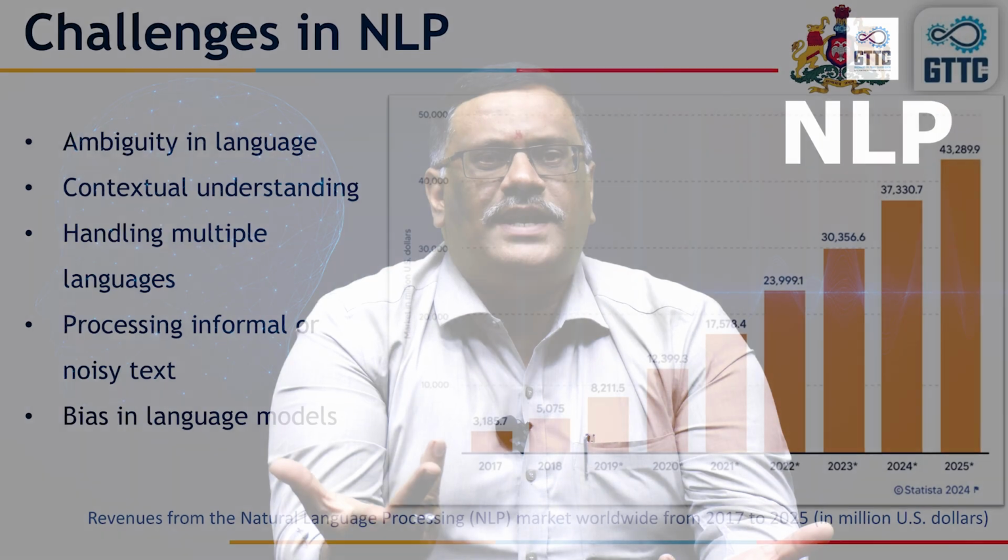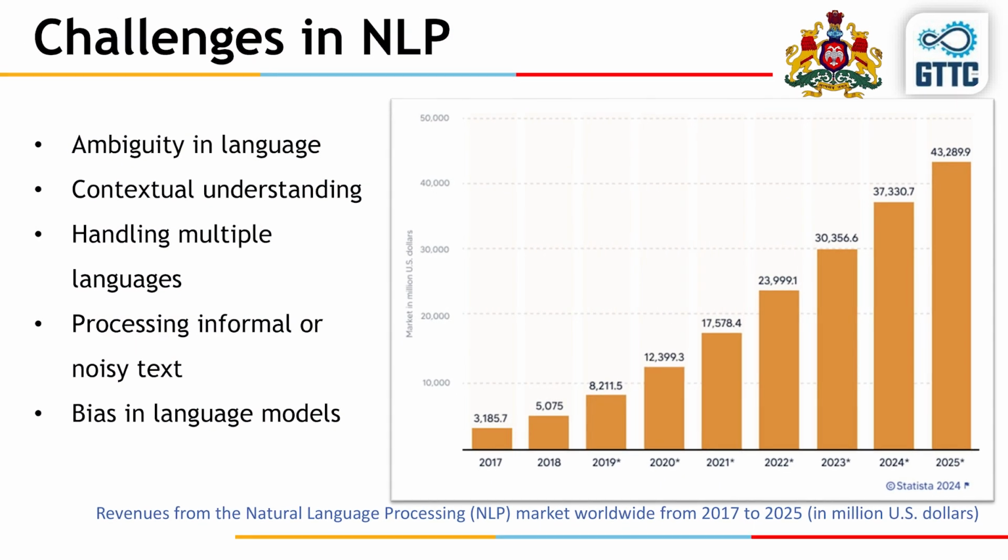Bias in language models. This has become a great debate today. Whenever you say AI can inherit and amplify biases from trained data, it always understands gender, for example. If a male talks, NLP understands; if a female talks, it doesn't understand, then there's a gender bias.